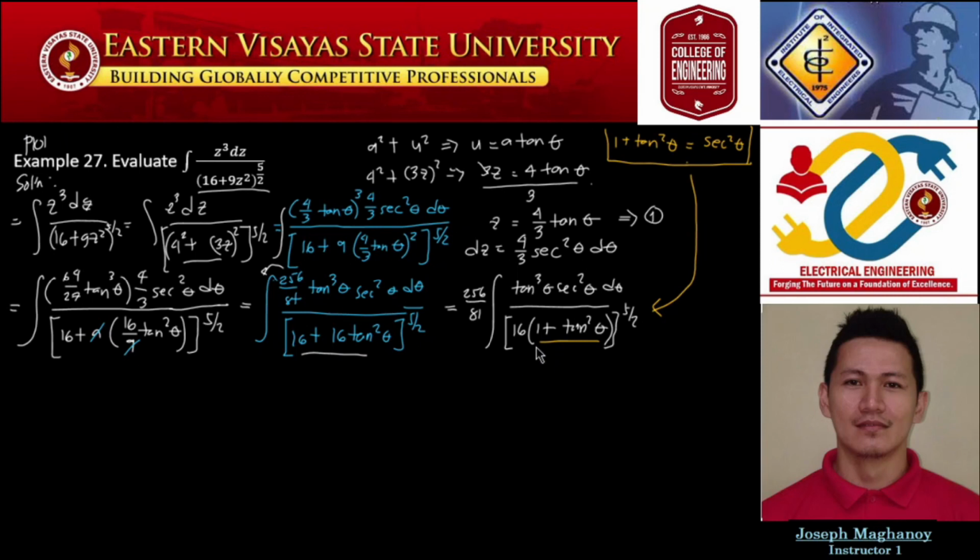Okay, let's apply that identity. 256/81 integral of tangent cubed secant squared d theta. Then 16 quantity, we replace 1 plus tangent squared theta with our identity, secant squared theta raised to 5 halves. Okay, what is our next move?